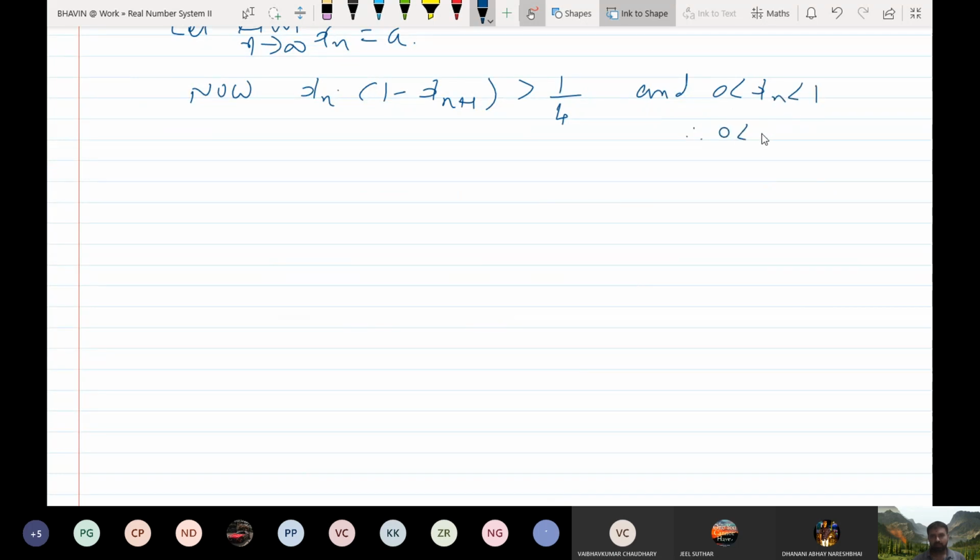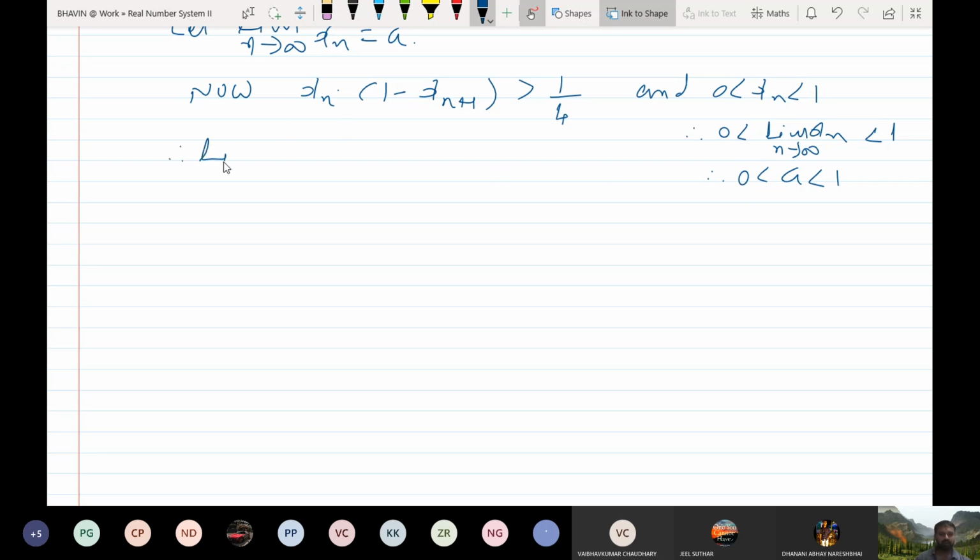Therefore you can see from this that 0 less than limit of xn, which we assume is a, and this is less than 1. So the limit is also between 0 and 1.